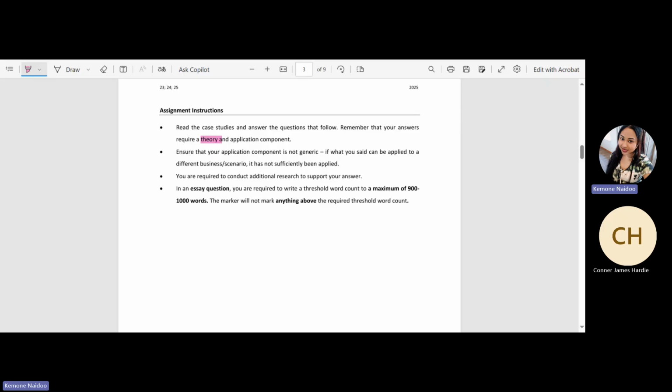Like, what is operational management? This is what it is. The application component deals with giving some kind of example to showcase your understanding. You are taking your information and applying it to a real life situation to show that you actually understand what this is.